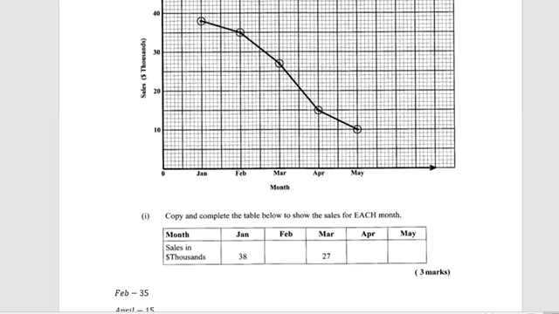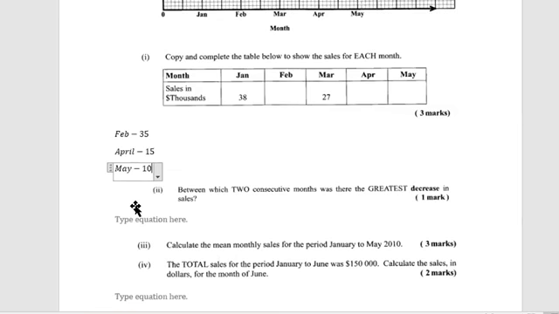But if that isn't obvious to you, probably in the exam you fret and say, how can I ensure that this is correct? What we're going to do now is, from the January to February period, we're going to calculate them singly and see what that will be. In January, there was 38,000 minus February, which was 35,000.